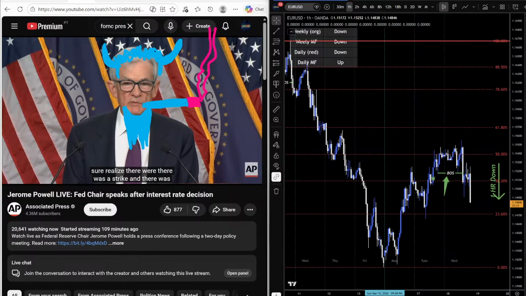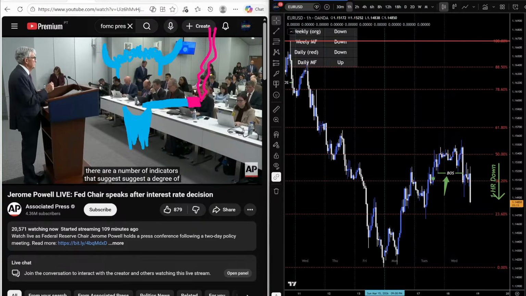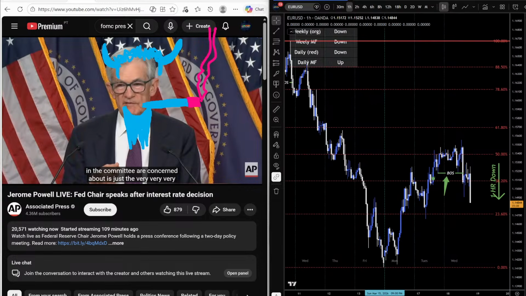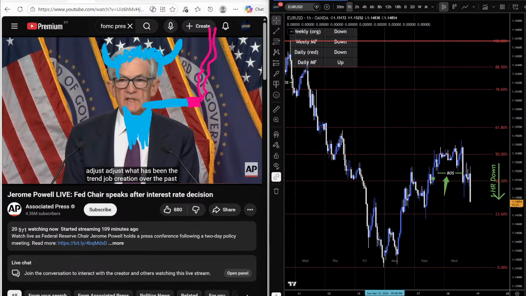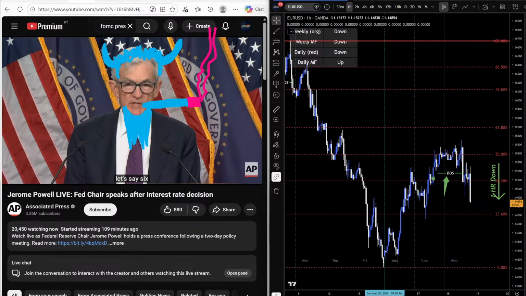Notwithstanding that, what do you see if you take a step back overall? There are a number of indicators that suggest a degree of stability, but the thing that a good number of people on the committee are concerned about is just the very, very low level of job creation. If you adjust what has been the trend job creation over the past, let's say, 6 months, for what our staff thinks is the overstatement due to overcounting, effectively there's zero net job creation in the private sector.